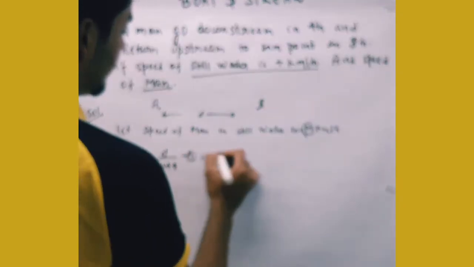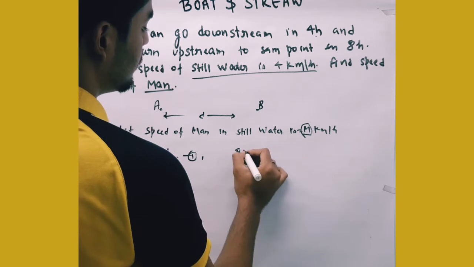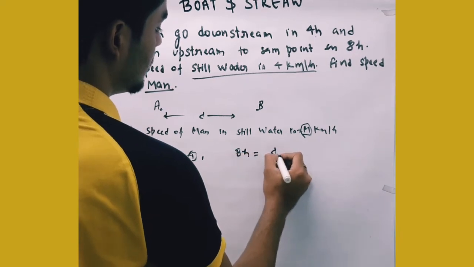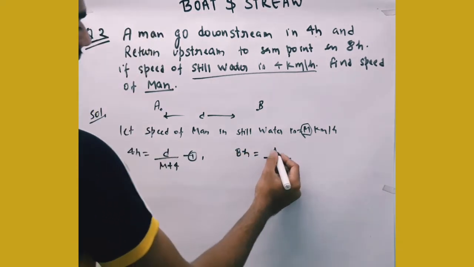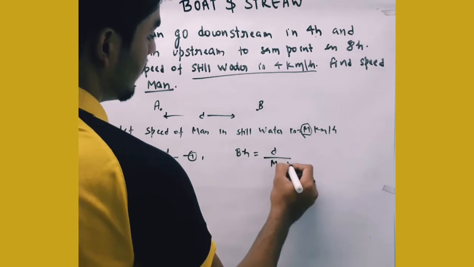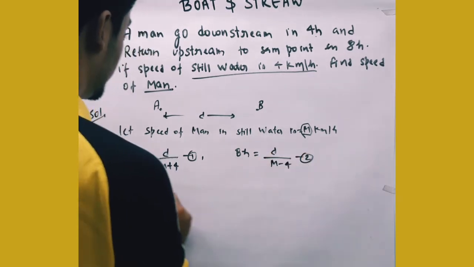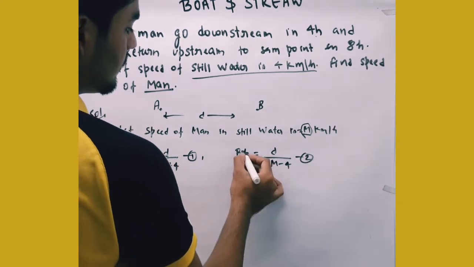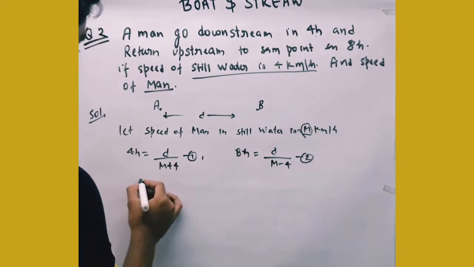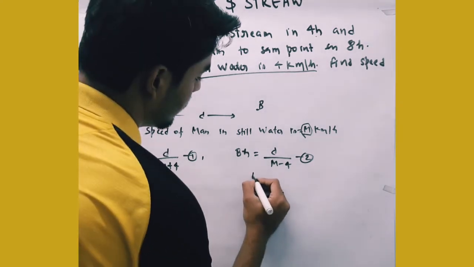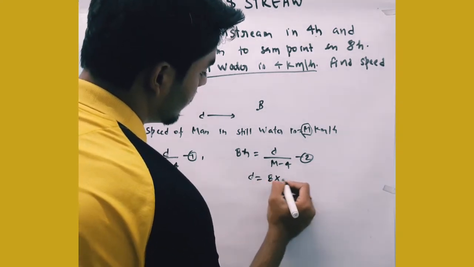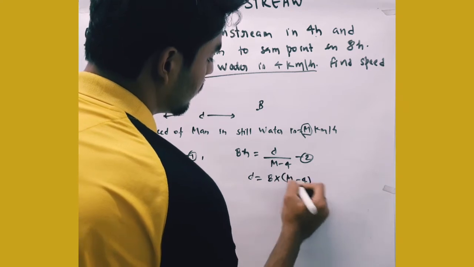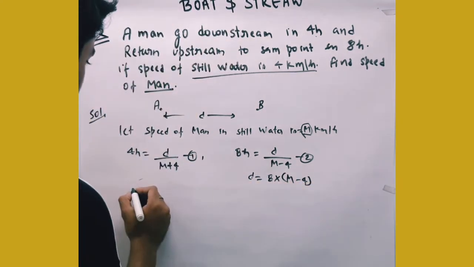In the same way, time taken upstream is 8 hours, equal to d upon m minus 4, equation number 2. Now we have two unknowns and two equations. Now take d equal to 8 multiplied by m minus 4 from equation 2 and put it in equation 1.